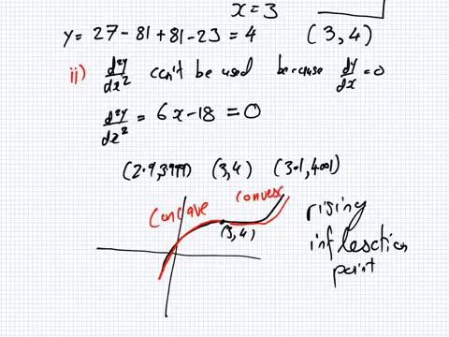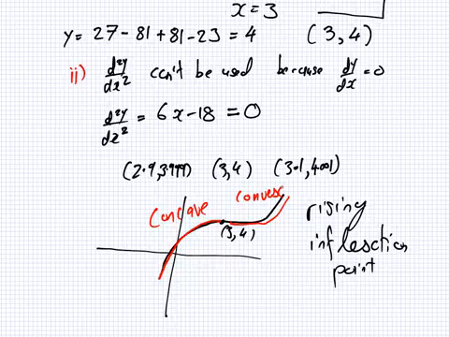Now, that's not the only way to do it. I said there are two ways to do it for this particular one. What you could have done is calculate the second derivative when x is a little to the left, so for example, when x is 2.9. Should it be positive or should it be negative?